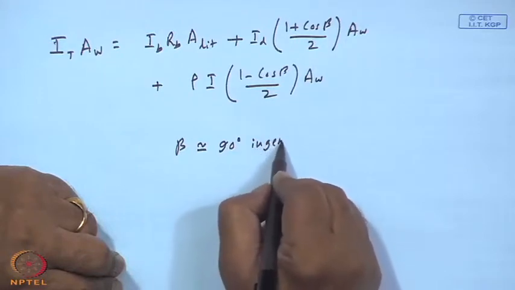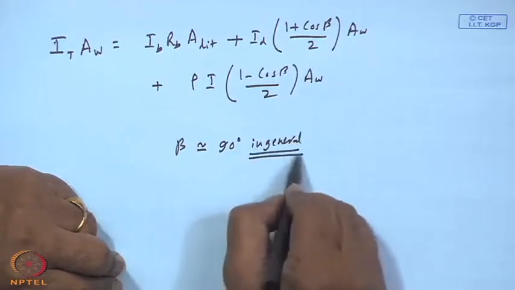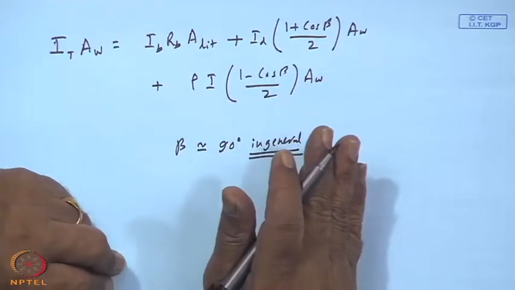But it is not essential that beta be 90.